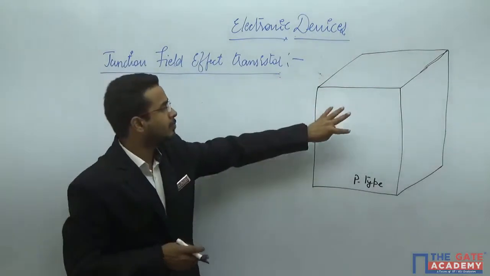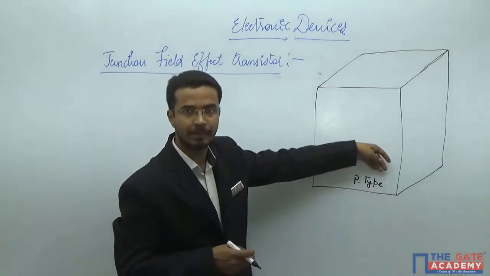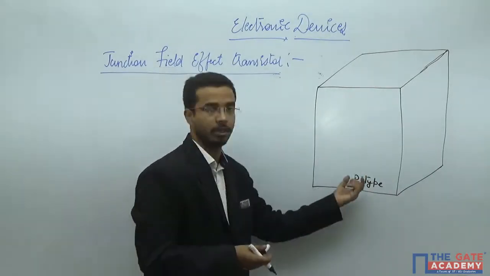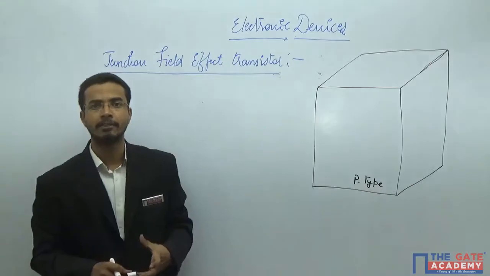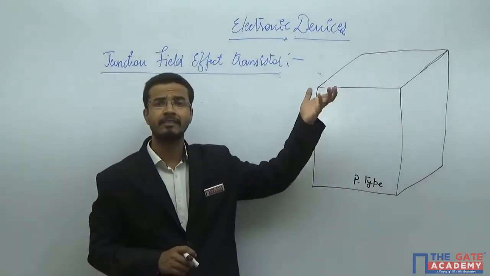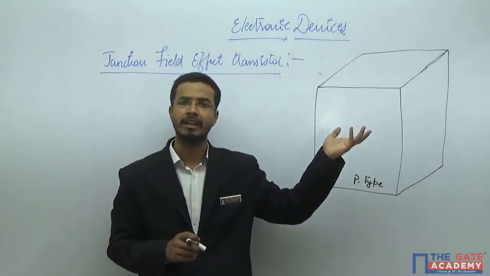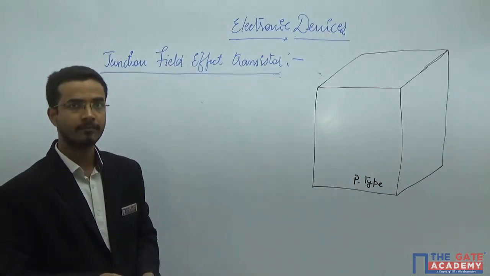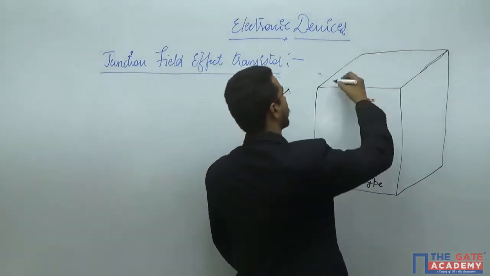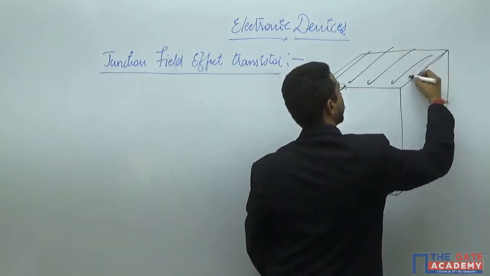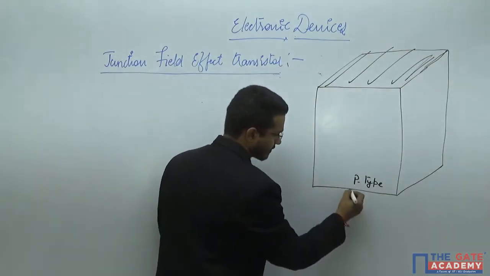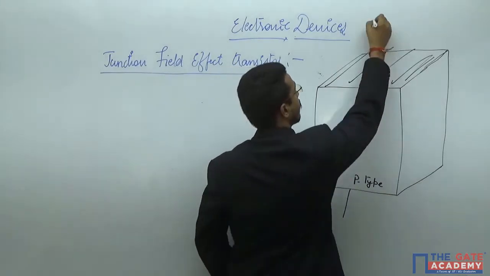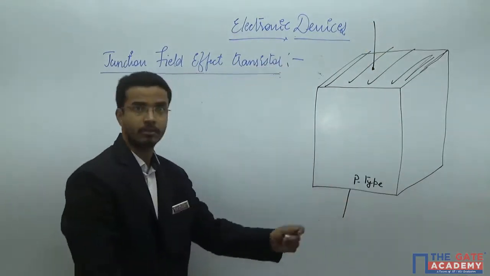That means this block is P-type, so the majority charge carriers will be holes. To achieve this, you dope any intrinsic semiconductor with boron or other trivalent impurities, and you get the P-type semiconductor. Then you make a metallic contact on the upper surface as well as the lower surface. Then you get one contact point here and one contact point here.